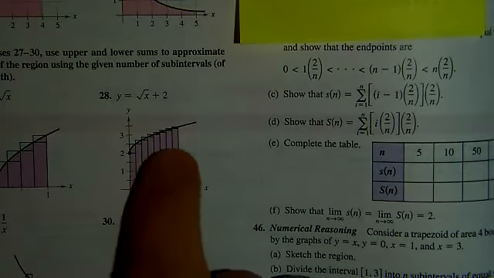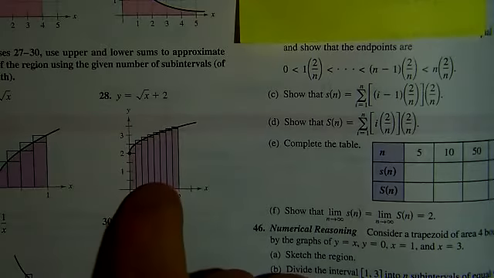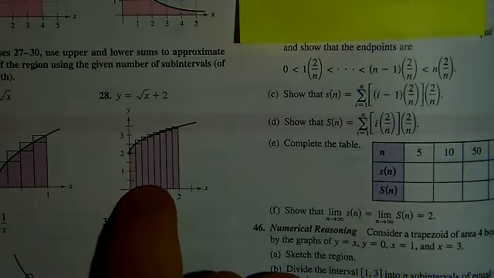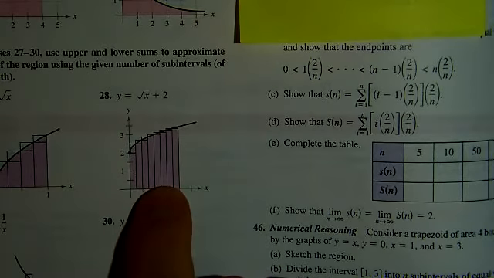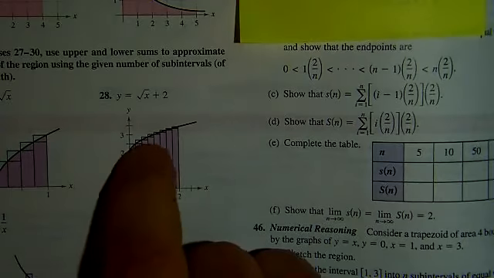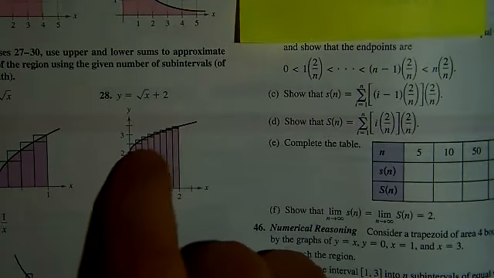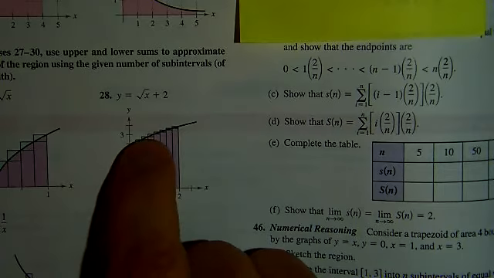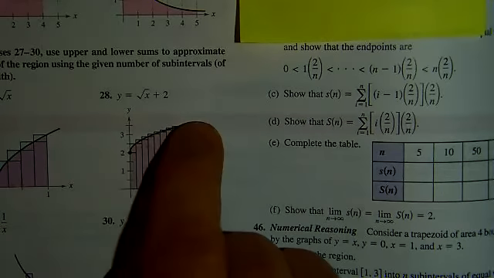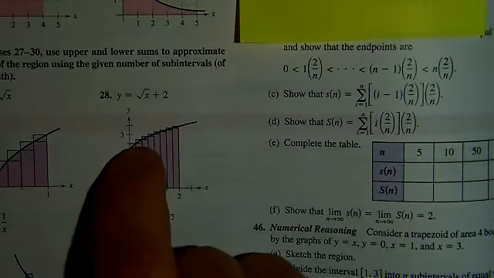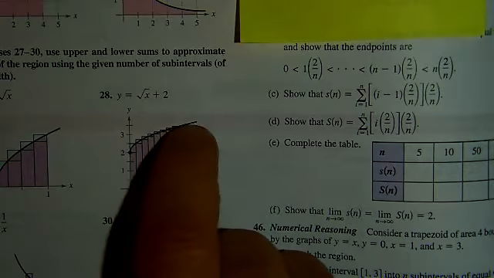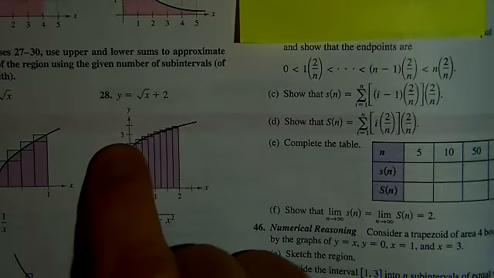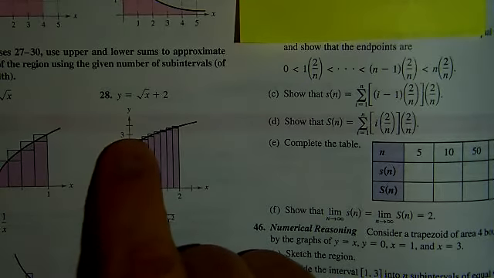We're interested in using lower and upper sums to approximate the area underneath this function between 0 and 2. The region is shaded, and if you look closely, the pinkish rectangles are the ones underneath the curve, inscribed. The top left corner of each rectangle is on the graph. The lighter blue rectangles are the ones where the right corner touches the function.